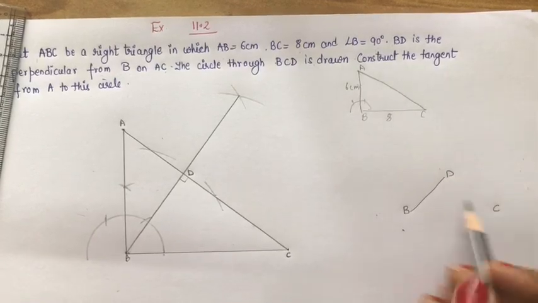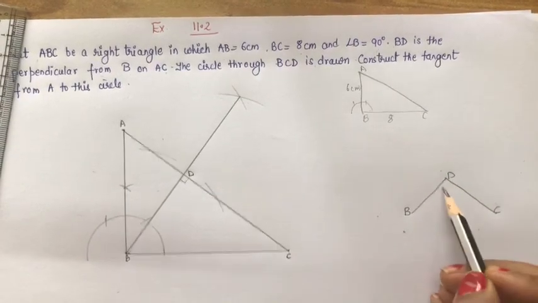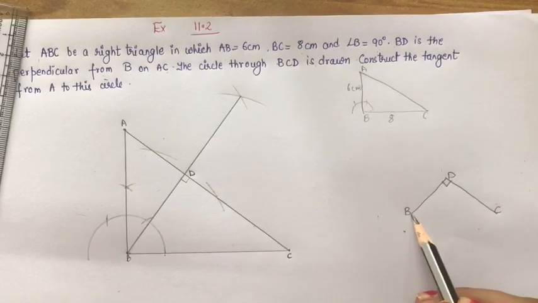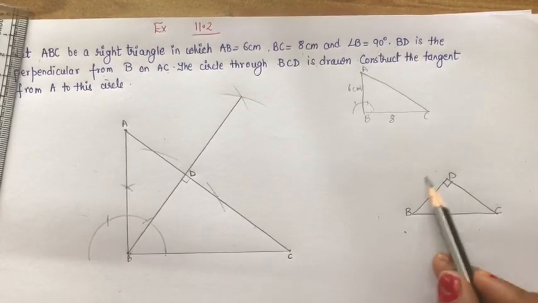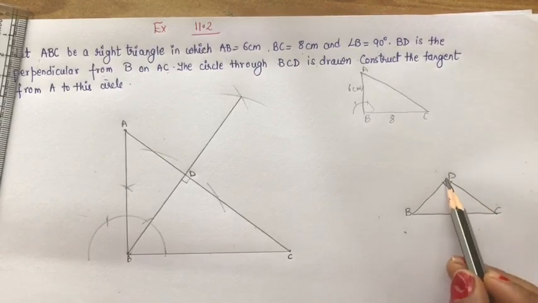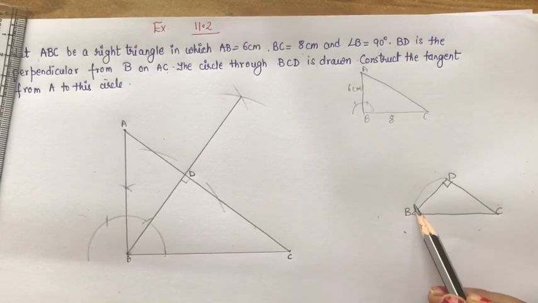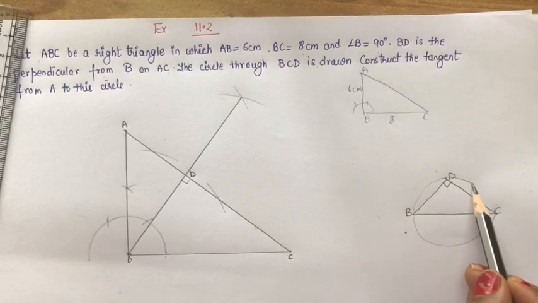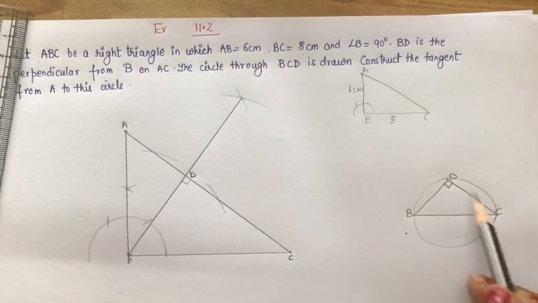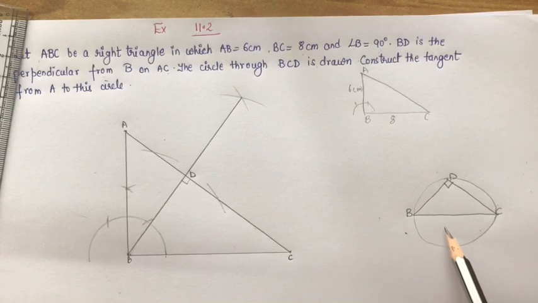These three are joined like this and this angle is 90 degree. This is the triangle. Now we are asked to draw a circle which passes through point D, point B, point C, isn't it? So I need the center of this circle and also the radius.